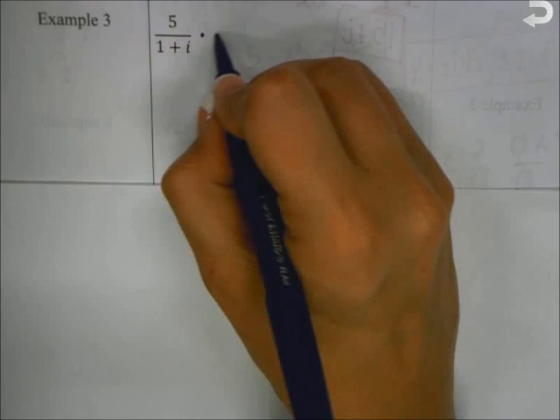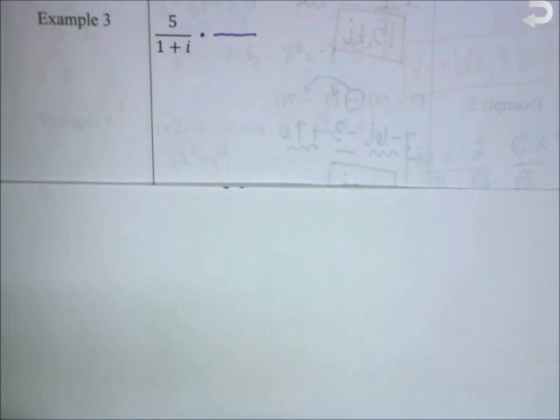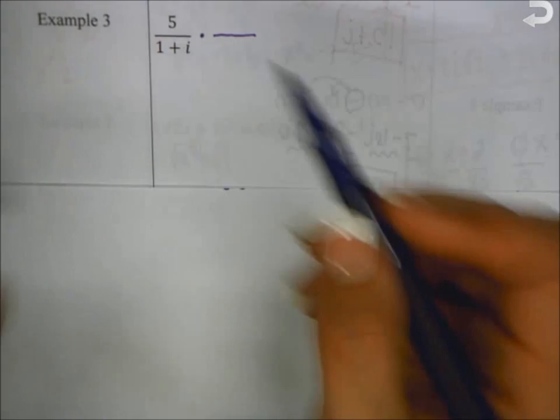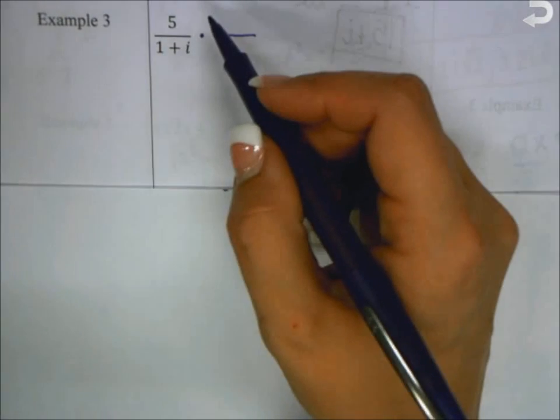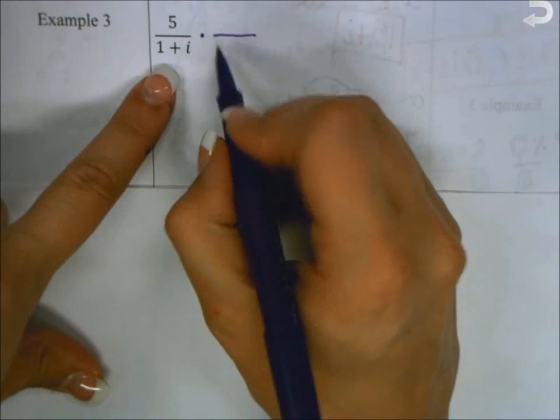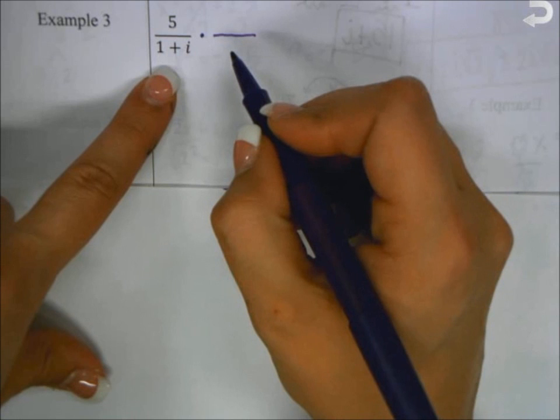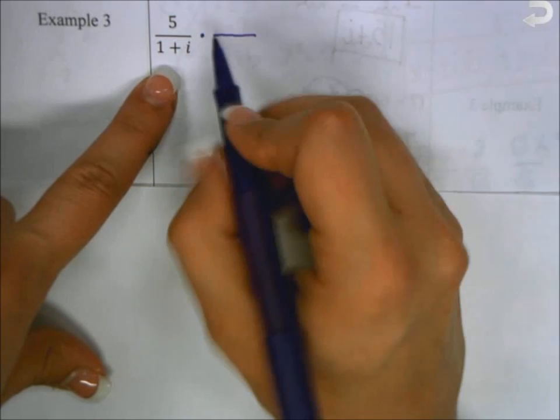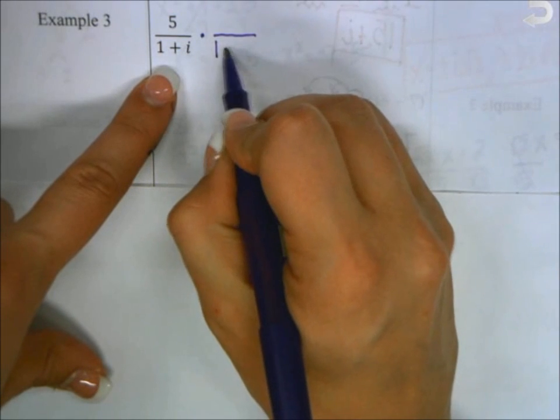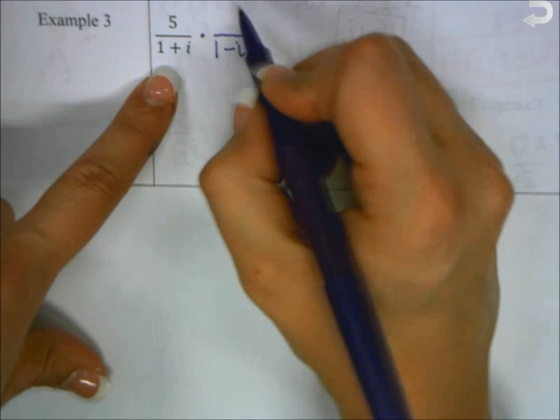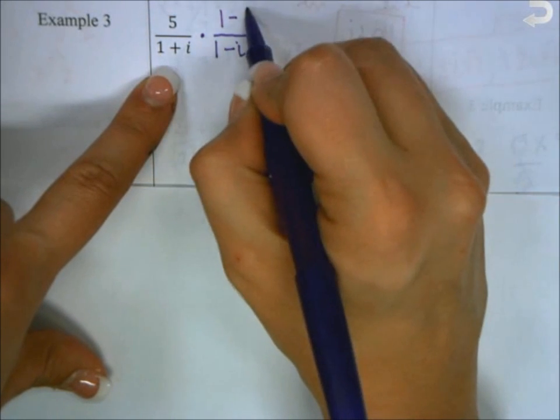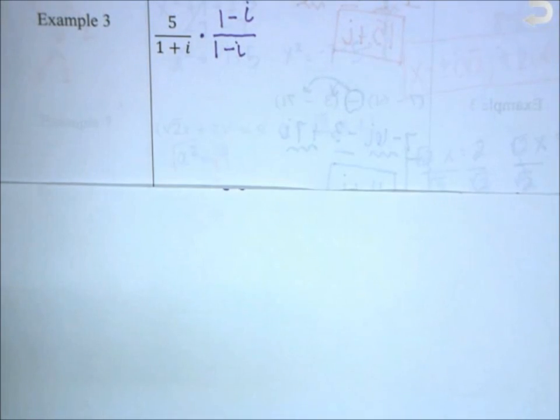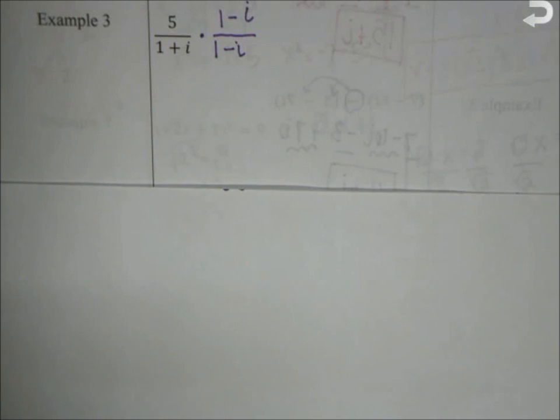We don't multiply by the same denominator, 1 plus i. We multiply by what's called the conjugate, which is going to be 1 minus i. Okay, so we multiply the numerator and the denominator by 1 minus i.